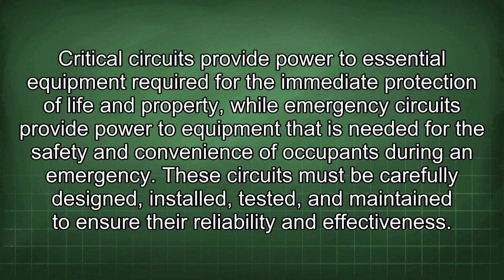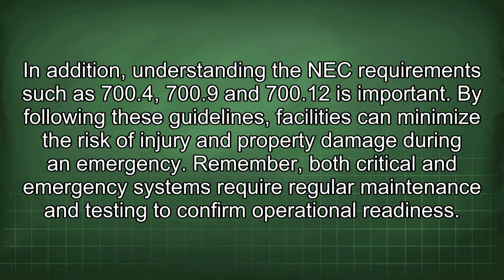These circuits must be carefully designed, installed, tested, and maintained to ensure their reliability and effectiveness. In addition, understanding the NEC requirements such as 700.4, 700.9 and 700.12 is important. By following these guidelines, facilities can minimize the risk of injury and property damage during an emergency.